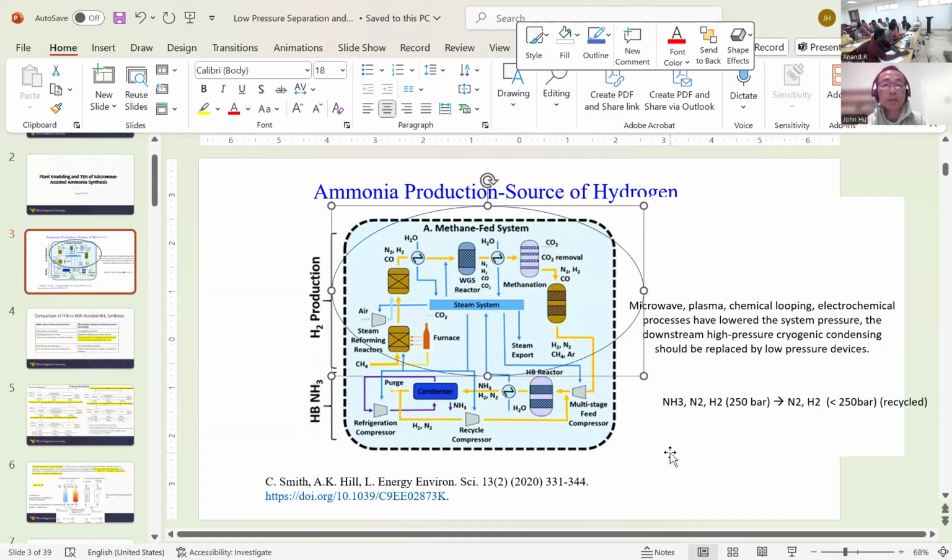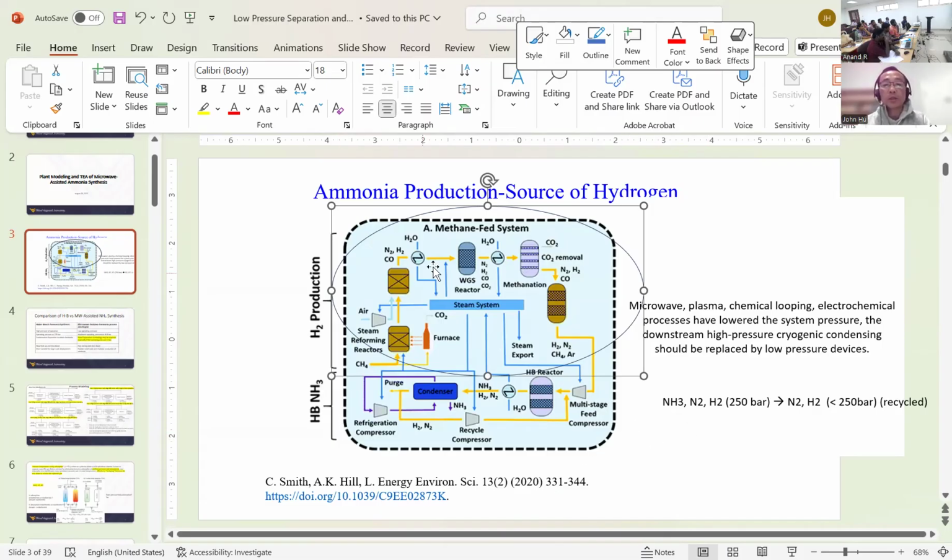What are the current ways of producing hydrogen, such as steam reforming? What about other ways of hydrogen production? We already discussed electrolysis, green hydrogen using renewable power, but today will be different types of hydrogen production.